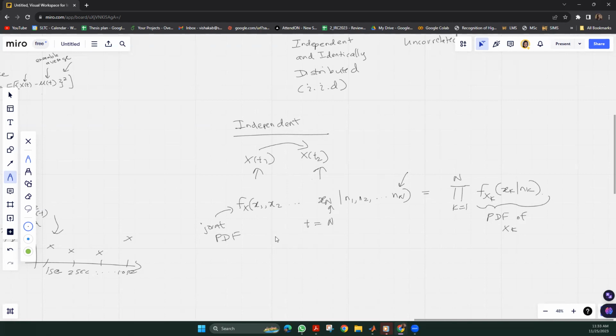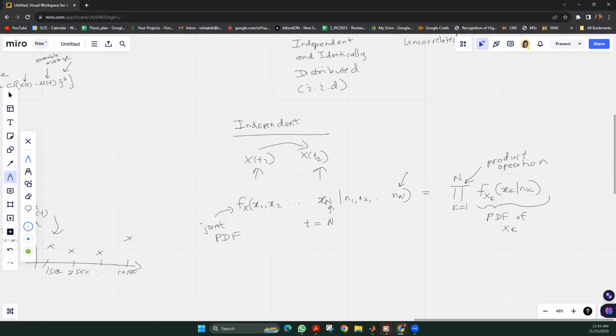We multiply this with the other random variables defined in the sequence, from k equals 1 to n. This symbol defines the product operation, denoting the multiplication between the PDFs of each of the random variables denoted using xk.